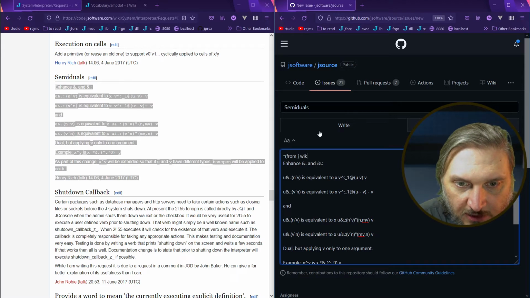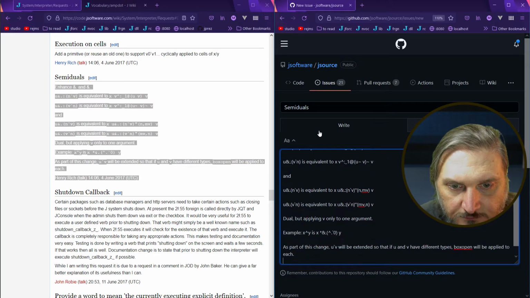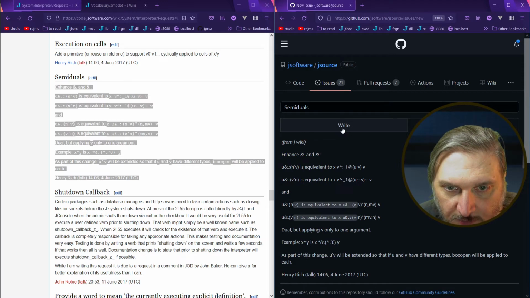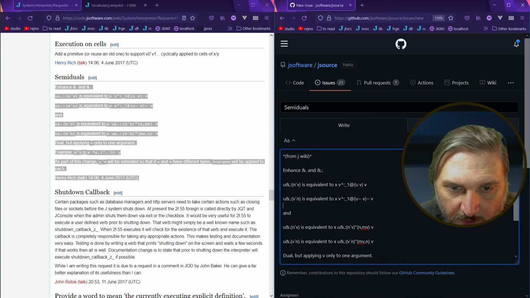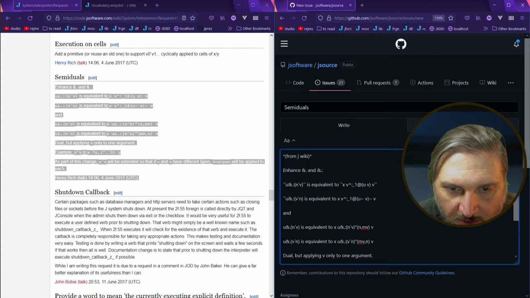From JWiki. And this is going to screw up, so we have to double escape the expressions because they have a backtick in them. That's what we learned yesterday.